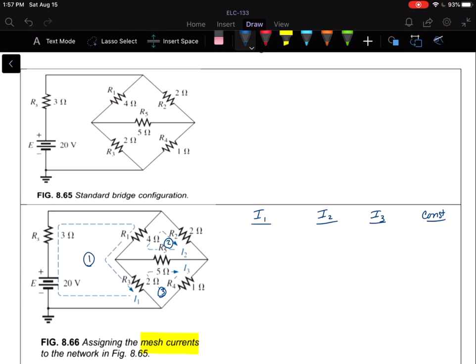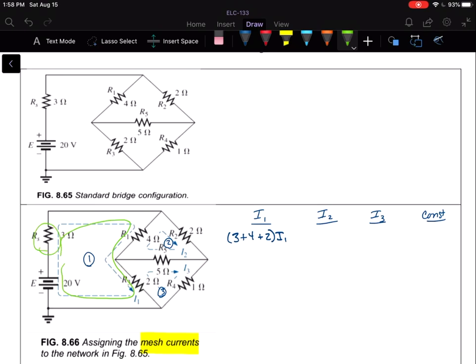Okay, so for our first equation, we are going to sum all of the resistances connected to that first mesh. So we've got a 3 ohm resistor, a 4 ohm resistor, a 2 ohm resistor, and we're going to multiply that by I1. Okay, so let me show you where that is, right here.